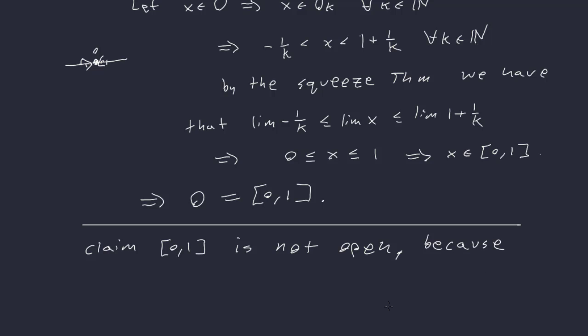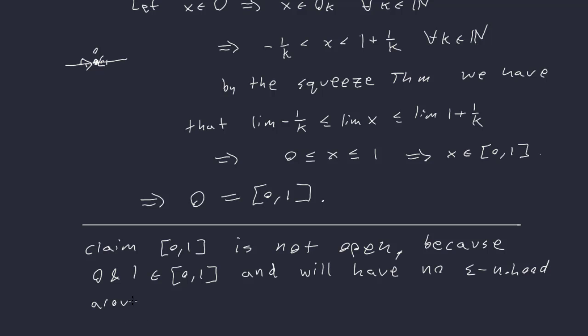I can find two elements that will not have an epsilon neighborhood within the set itself. All right, because 0 and 1 are in the closed interval 0 to 1 and will have no epsilon neighborhood around them in 0 to 1.